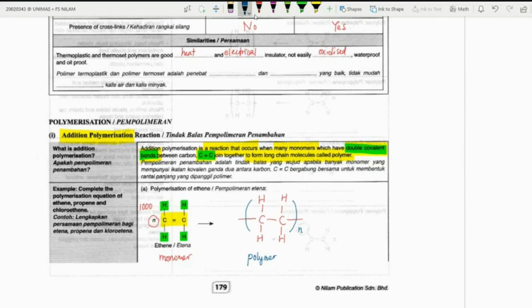This polymer actually is polyethylene. So this N is a large number, up to a few thousand. Actually, this helps you to repeat for a few thousand times. No need to draw a few thousand times, just simplify like this.